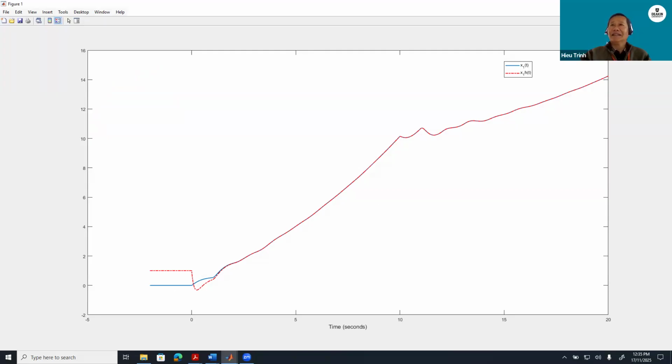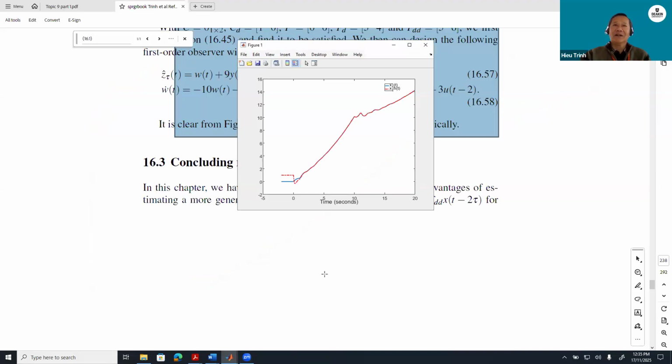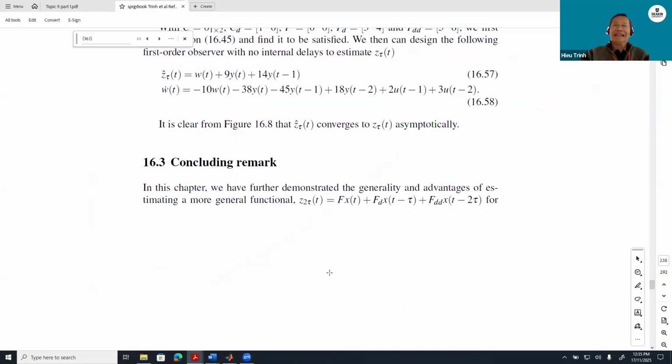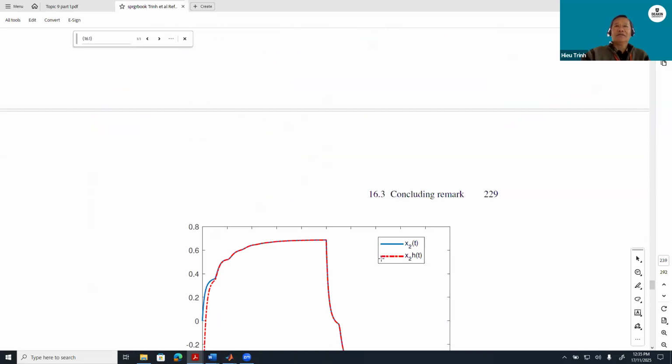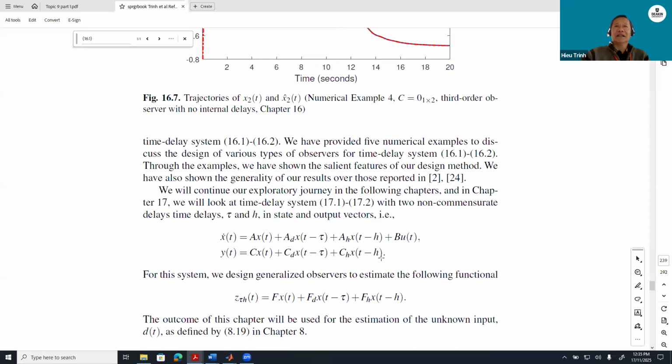So you can see the significant, the interesting outcome based on the estimation of a generalized functional. And of course, it requires further investigation.